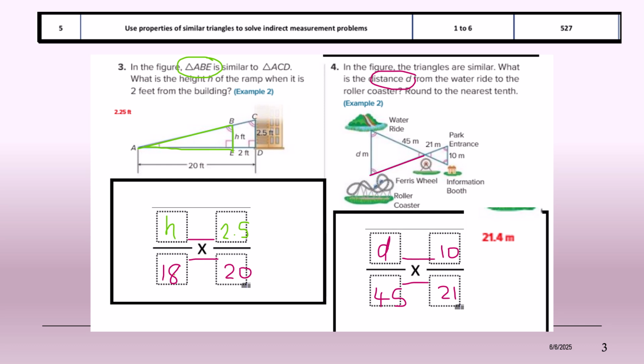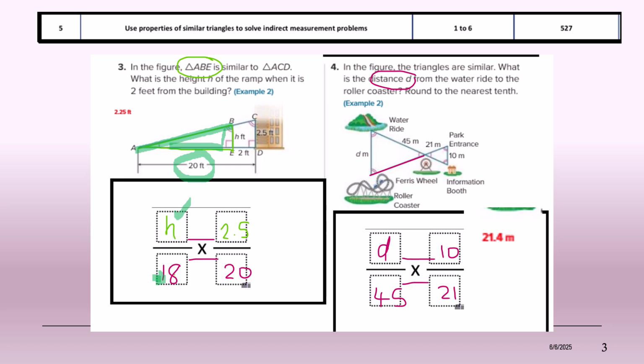In our next example, once again, as I said, always identify your triangles first. So they are saying triangle ABE. Read your questions very carefully. So it is ABE. So you've got the measurement of h, which is correct. Now you're probably wondering how I got, here it says 20, but how do I get 18 written here?